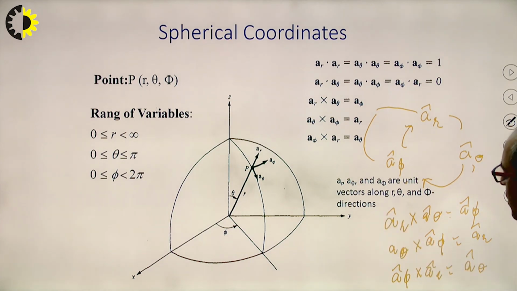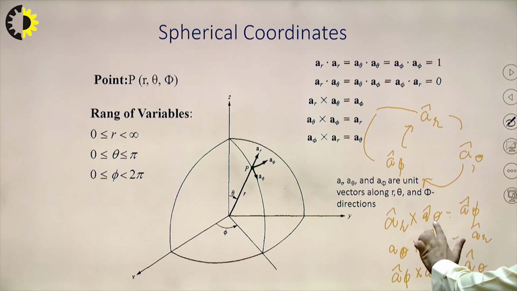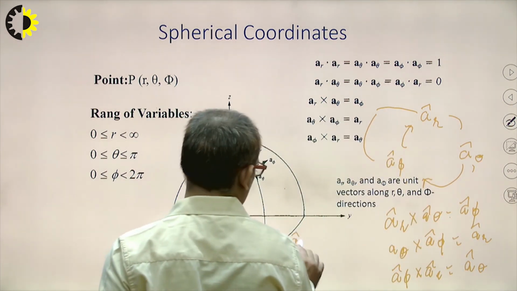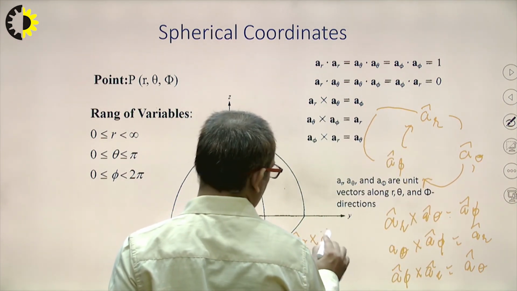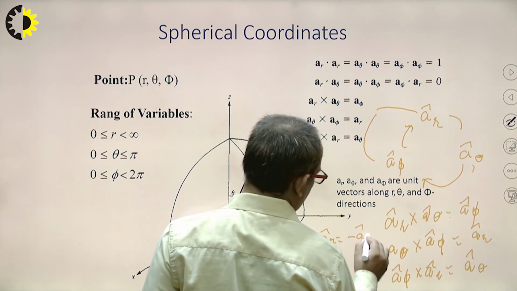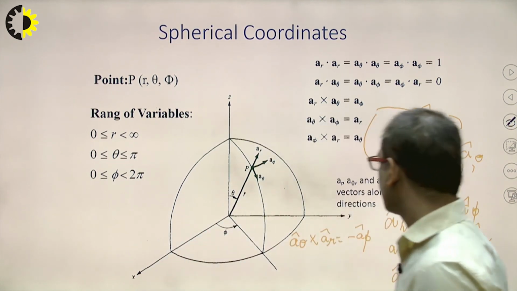Now if I multiply these two vectors in a different order, a cap theta cross a cap r, you will get minus a cap phi. Clear?